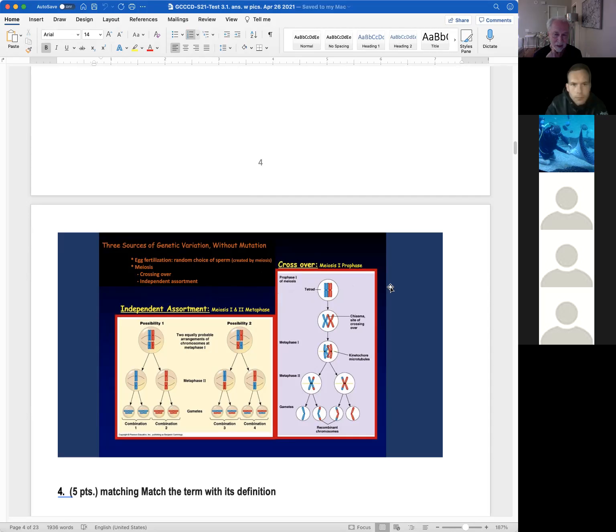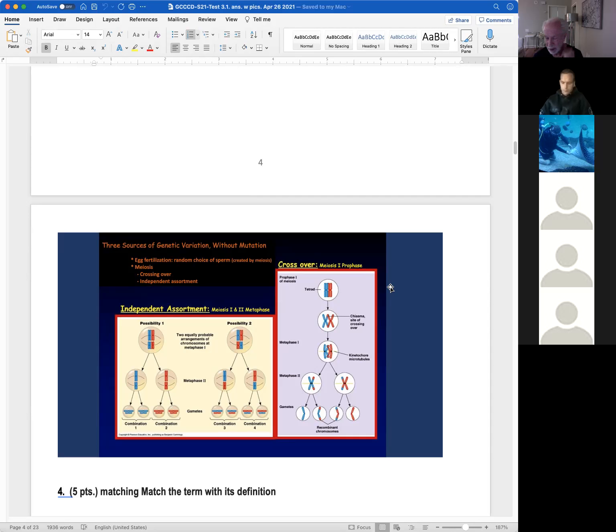And there is a particular significance to tetrads because when they form, chromosomes are in very close contact with each other. And when they're in that close contact, they can actually exchange parts with each other at points called chiasma.